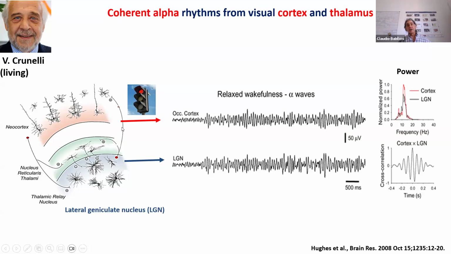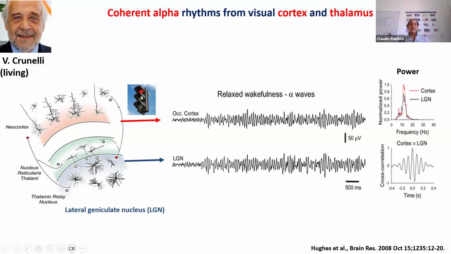And this was a very nice demonstration of the cortical loop, the functional connectivity between thalamus and cerebral cortex in the generation of alpha rhythms in the brain of cats.